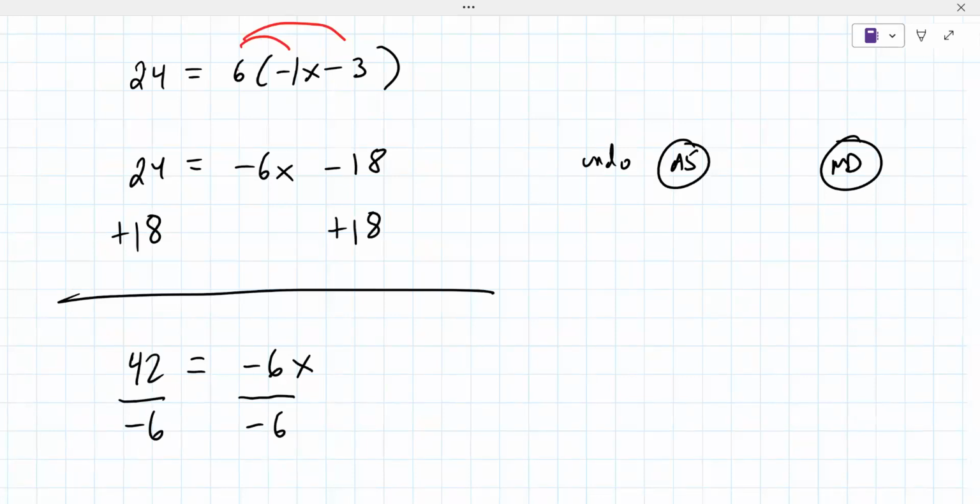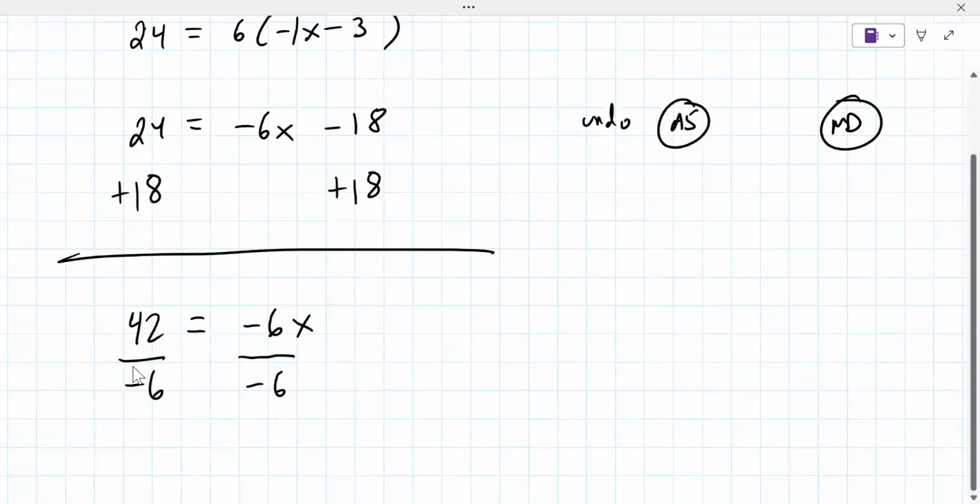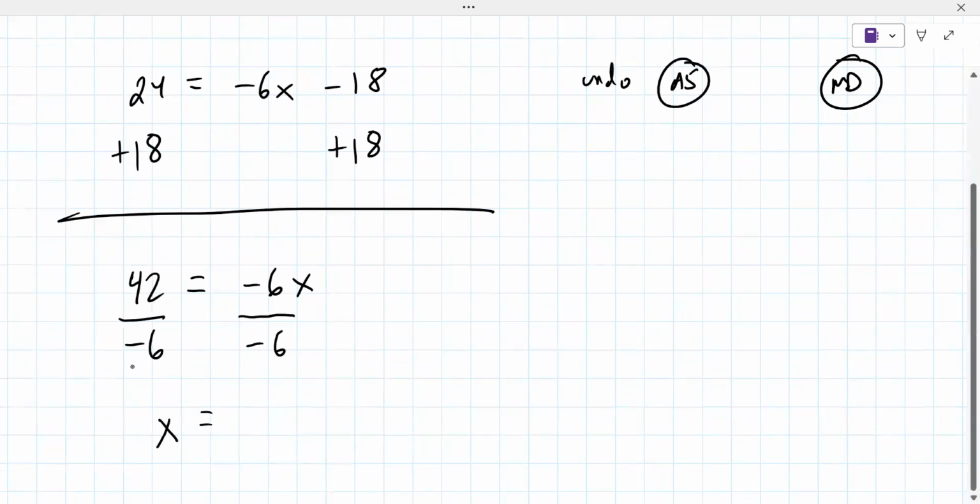So what does that become? X equals -7. Okay, very good. All right, do you want to try one on your own here, or do you want to do another example together? I can try one on my own. Okay, that's great.